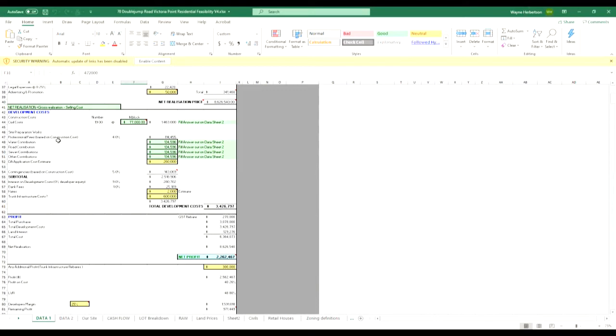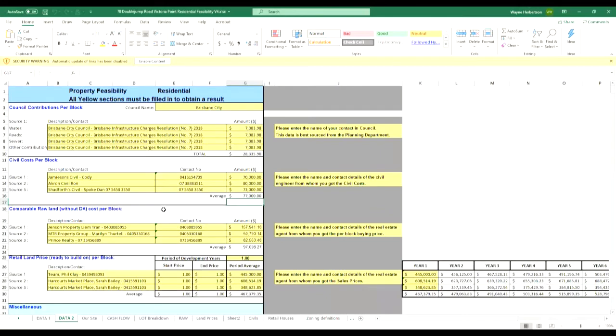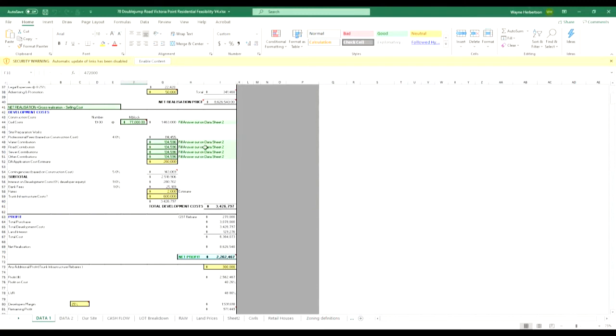And then we've got some professional fees, and we've got some council contributions. And the council contributions is the amount that the council charges per lot that we have to do. And in this particular council, it's $28,335.90 for the actual costs coming in to do the allotment.